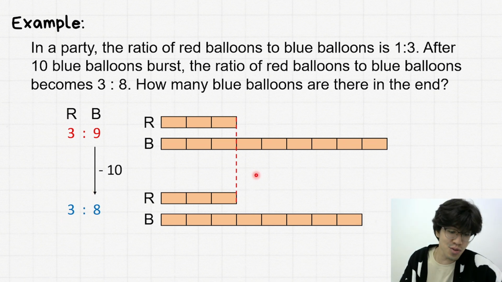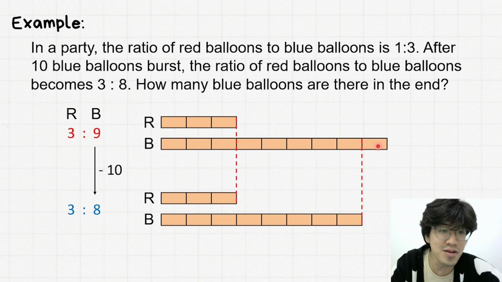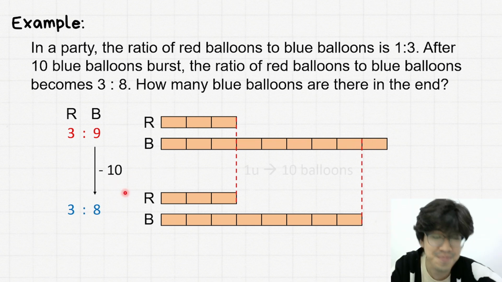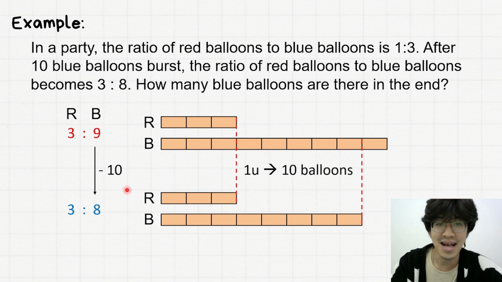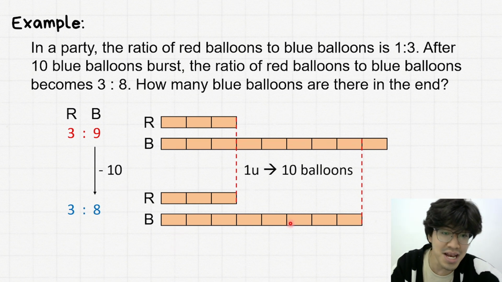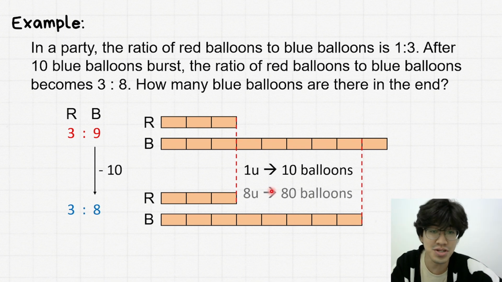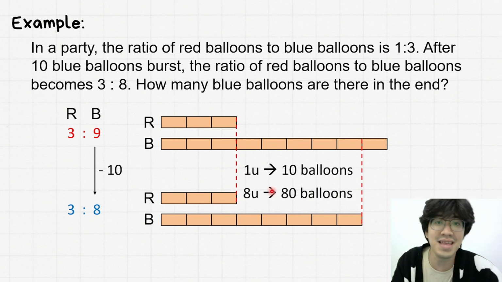If you do a quick comparison, the difference of 1 unit corresponds to the missing 10 balloons. So 1 unit is 10 balloons, and at the end I have 8 units for blue balloons. So 8 units will give me 80 balloons. And that solves this question.